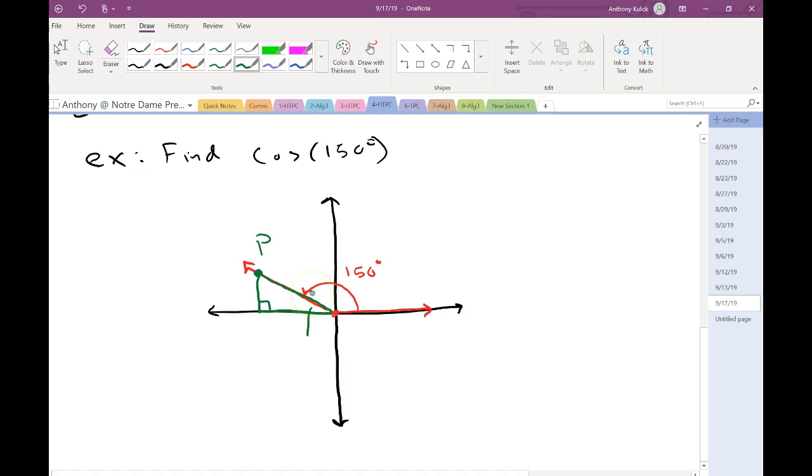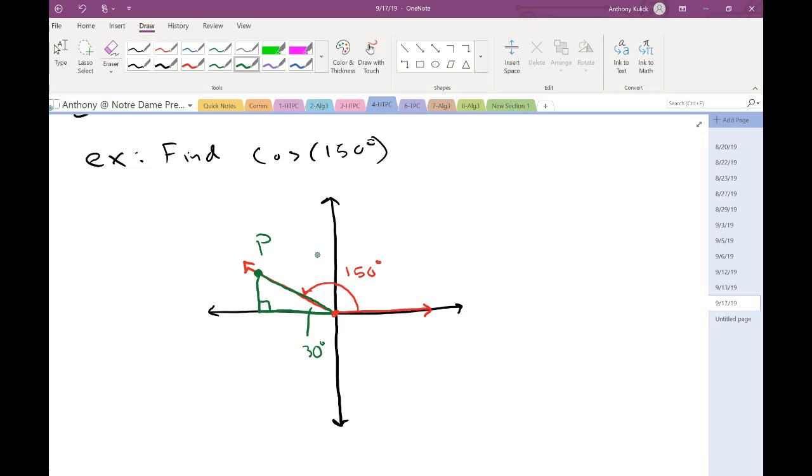What does this angle here in my right triangle have to be? It has to be 30 degrees. Good. I know that we've gone 150, and to get to the flat line, that's 180, so I would need to go 30 more degrees to get to 180.